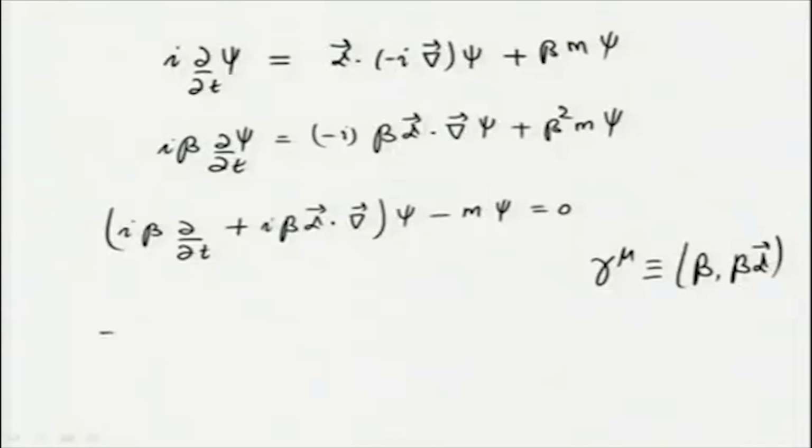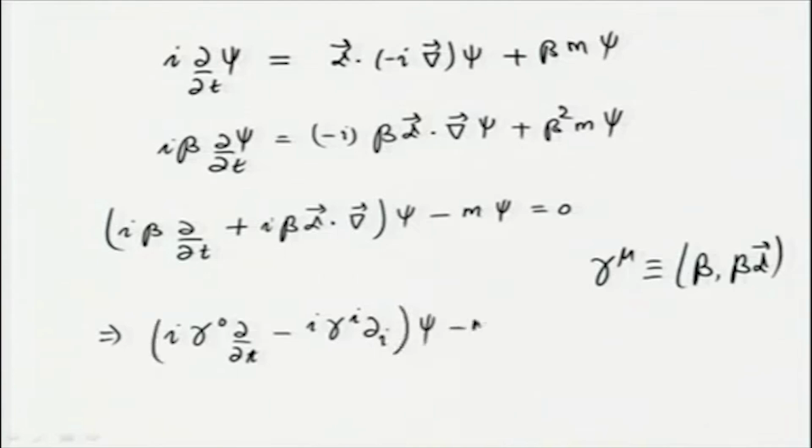In this notation, now I can write the Dirac equation as i gamma 0 dou by dou t plus i gamma i dou i psi minus m psi equal to 0.